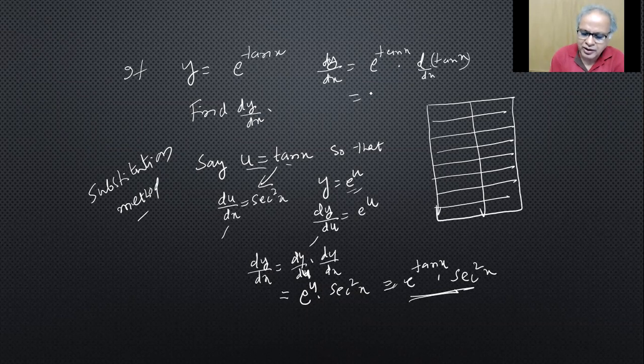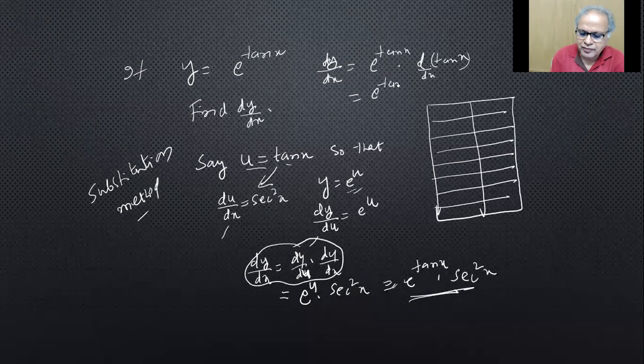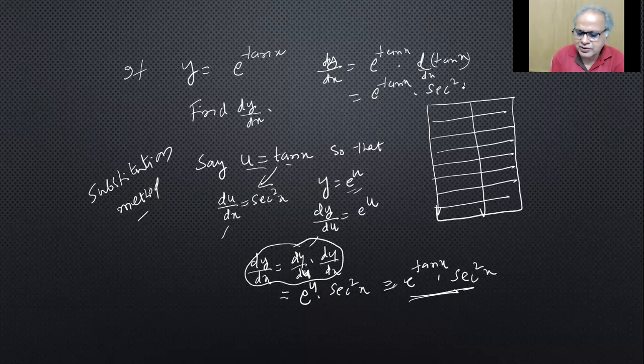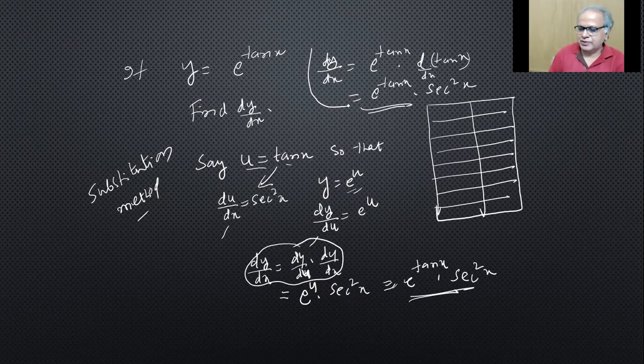So what will I get? Into, I'm writing here, because this is the meaning: dy by du into du by dx. So e power tan x, and d of tan x by dx is secant square x. Come on. I'll give you a lot of practice, but do it now.